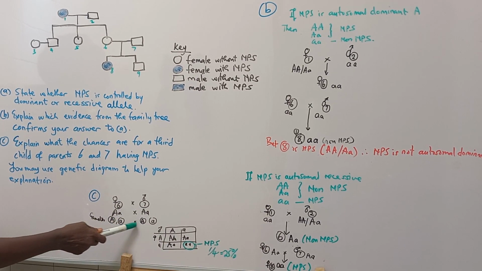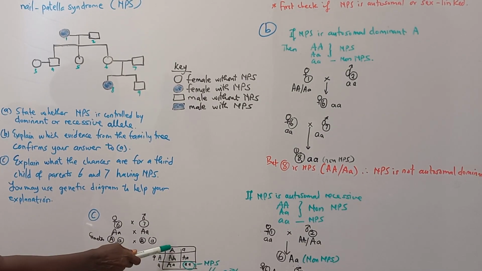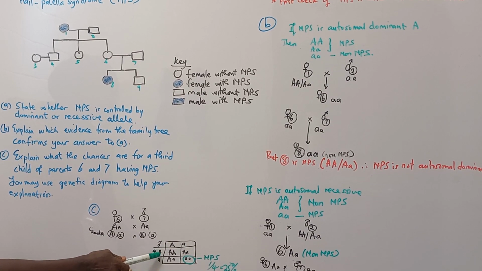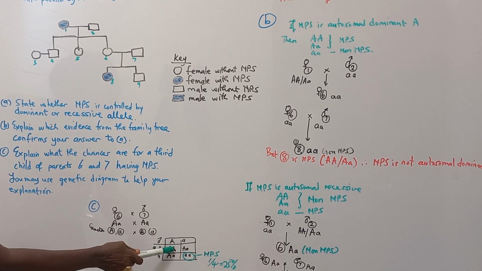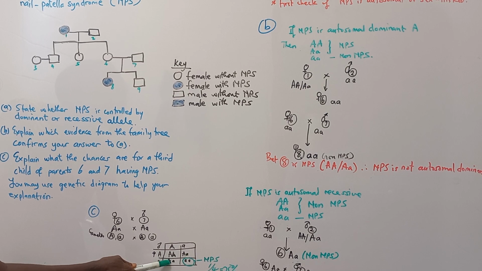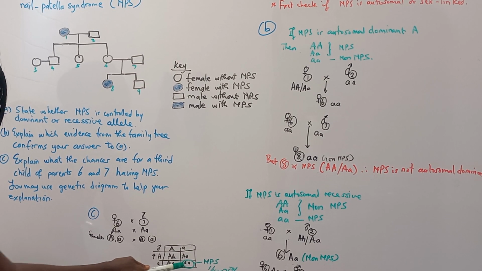These are their gametes, and we've written the male gametes here, the female gametes here. There's a Punnett square. This gamete and this gamete produce this individual, and so on for the others.